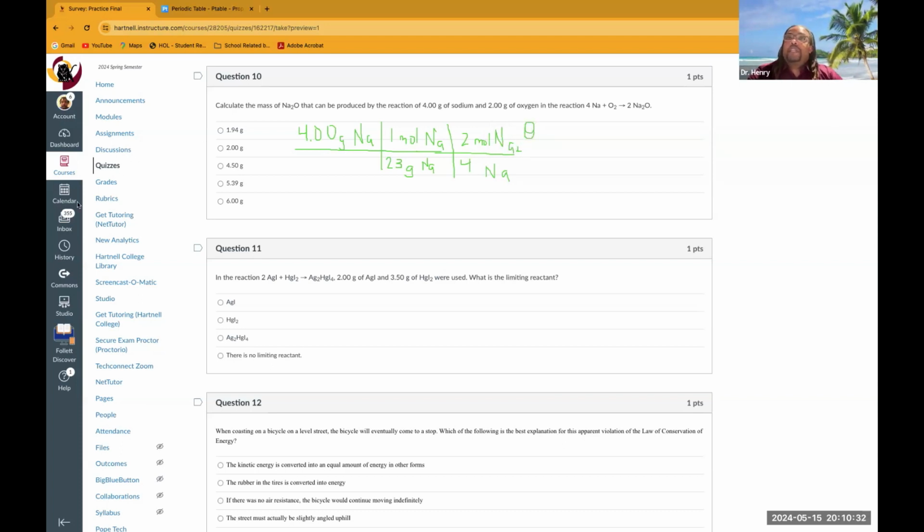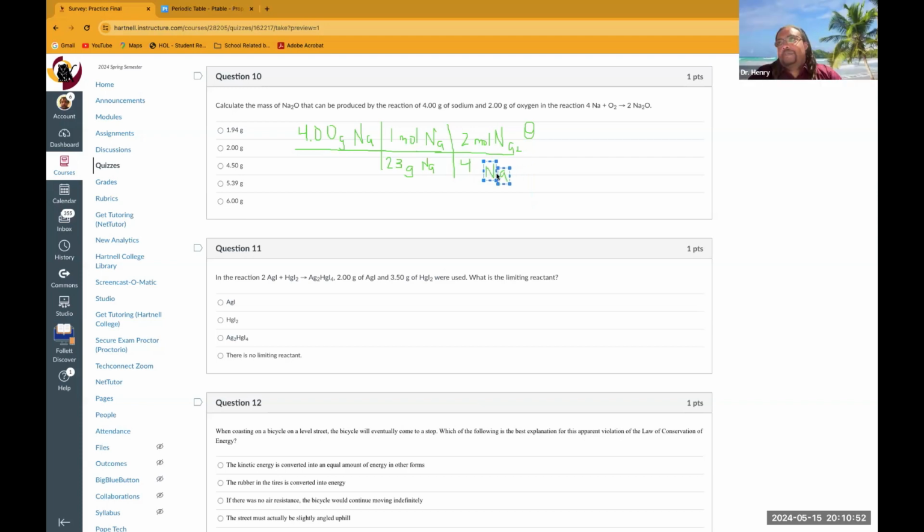And I forgot to put my moles down there. Oops. And then you go back to molar mass to find the grams.